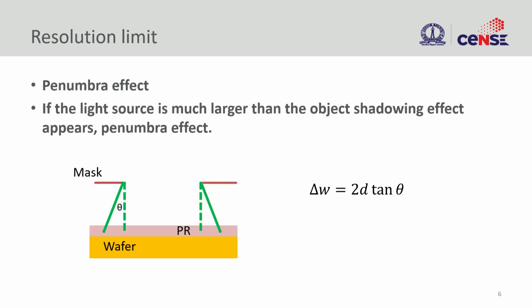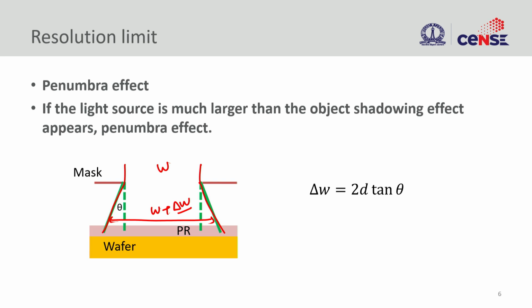And what is the effect of this gap? As I mentioned, you are going to have a larger width compared to what you have on the mask. So if the mask width is w, then you will have some delta w, right. So this is what you will get, w plus delta w, and this delta w depends on the penumbra effect that we all knew from high school physics, that any shadow will always cause this penumbra effect, right.